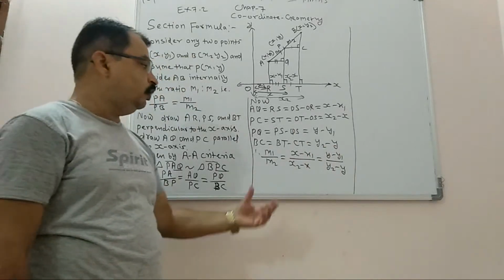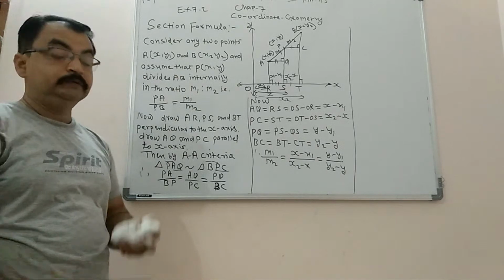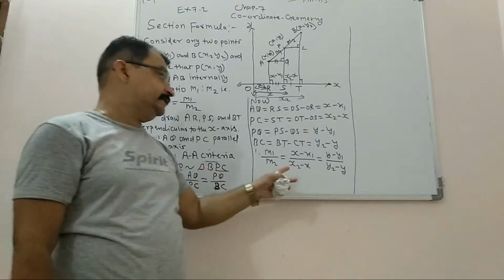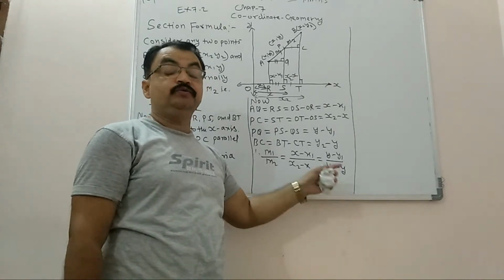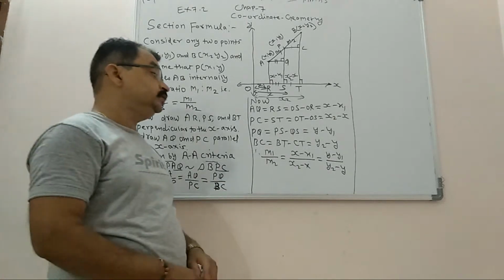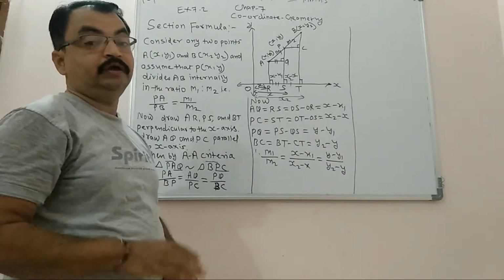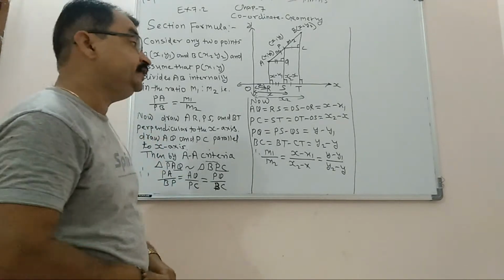So all three ratios are equal. Now what will you do? The x coordinate difference ratio equals the y coordinate difference ratio, which equals the ratio m1 and m2. So you show each ratio equal to m1 upon m2, and do the cross multiplication, and you will get the value of x and y.